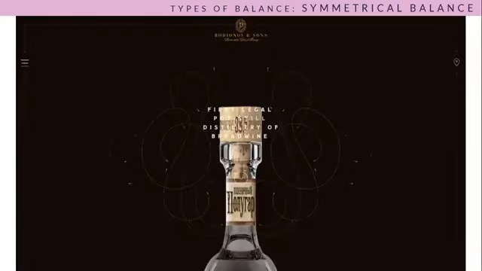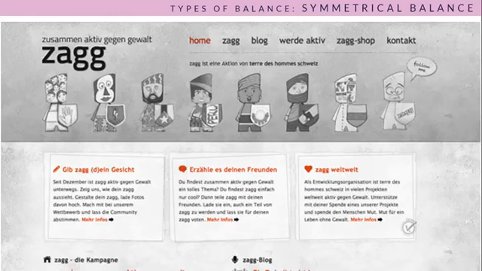The landing page for Pulugar website, for example, uses a reflectional symmetry to present their products in style. A bottle appears in the center and swirly shapes form on each side of it. Symmetry is also exemplified on the website for ZAG.